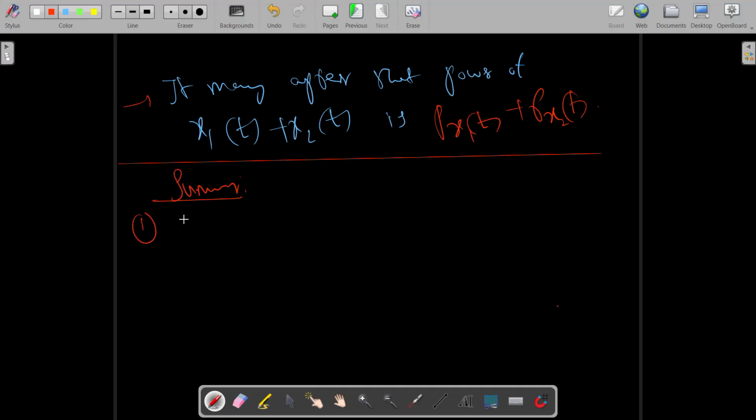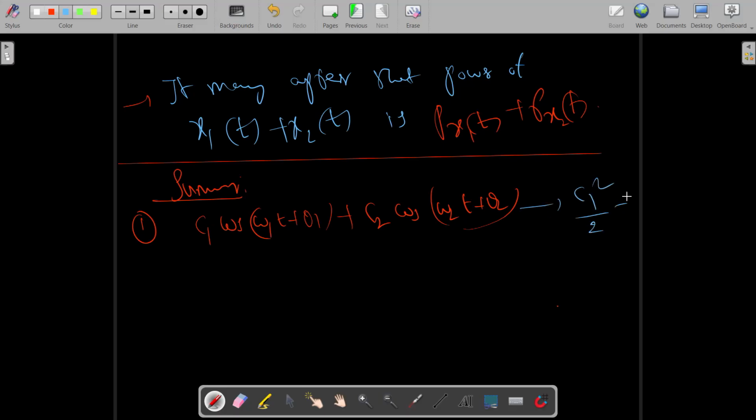The summary is that if you have the two signals c1 cos(omega 1 t plus theta 1) plus c2 cos(omega 2 t plus theta 2), we showed the power is c1 squared by 2 plus c2 squared by 2 under the condition omega 1 is not equal to omega 2.